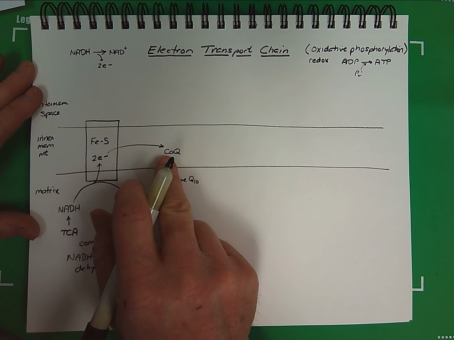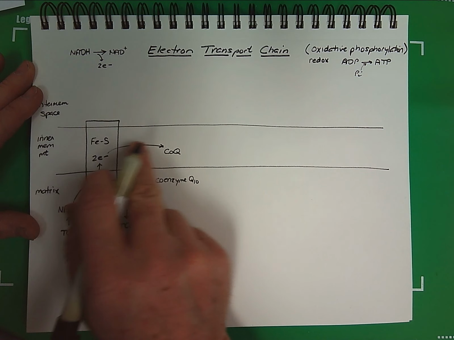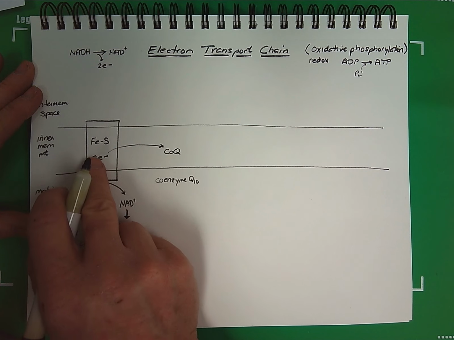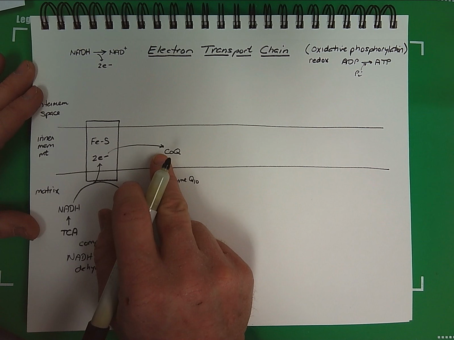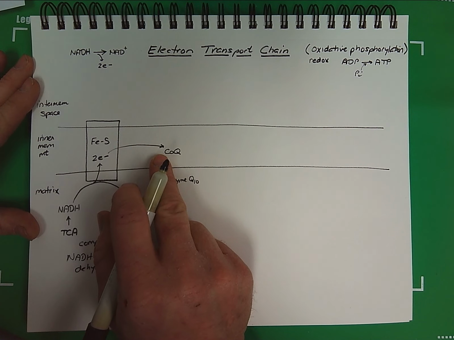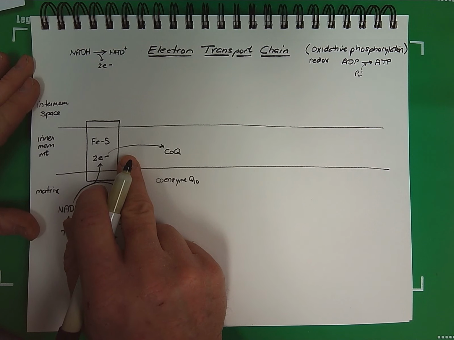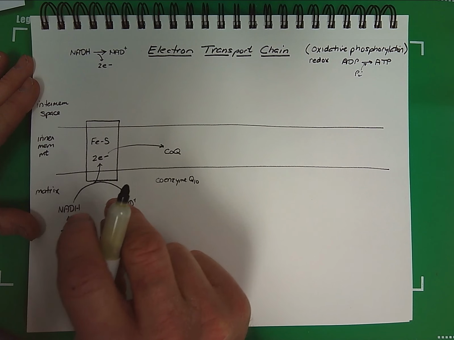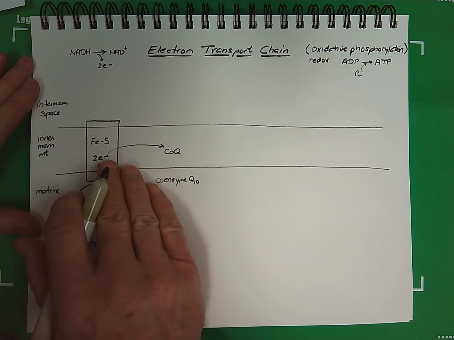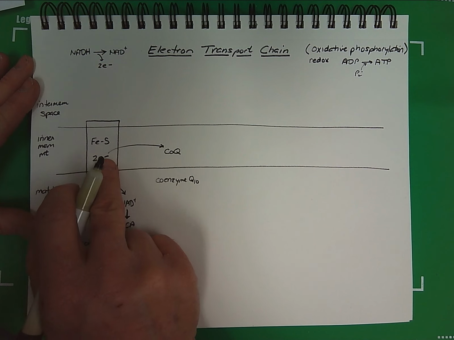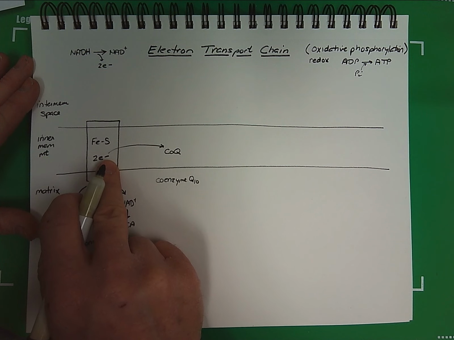Now, in moving electrons, this is generating some energy. We are going to take advantage of the movement of these electrons, and we'll see where the energy comes from and the description of it as voltage potential and redox potentials in our next video. But we're going to take advantage of the movement of these electrons to generate work. So energy converted into work. So the electrons themselves essentially have potential energy.